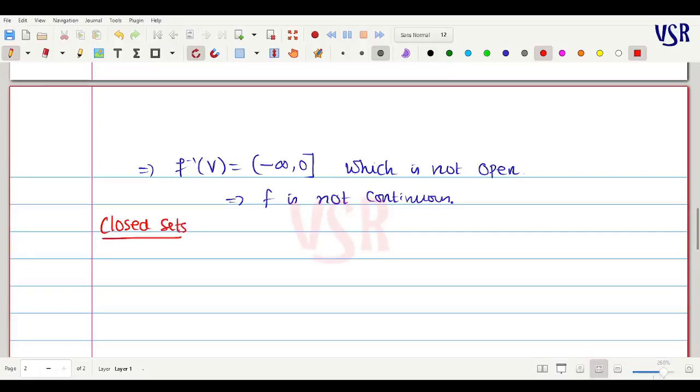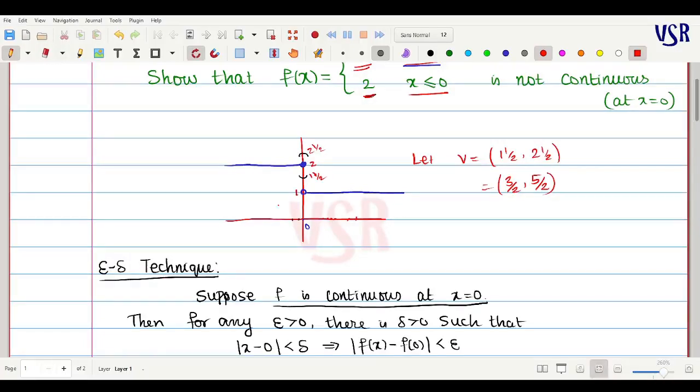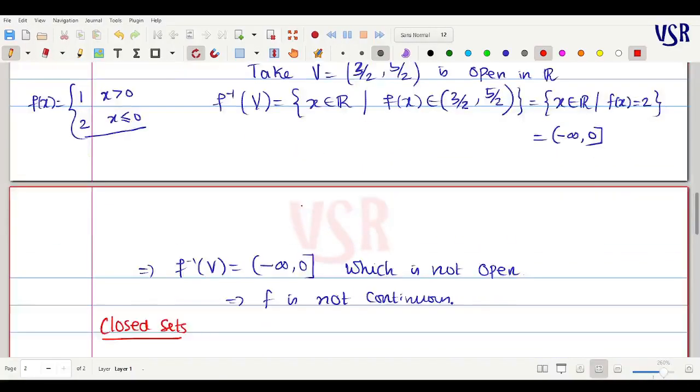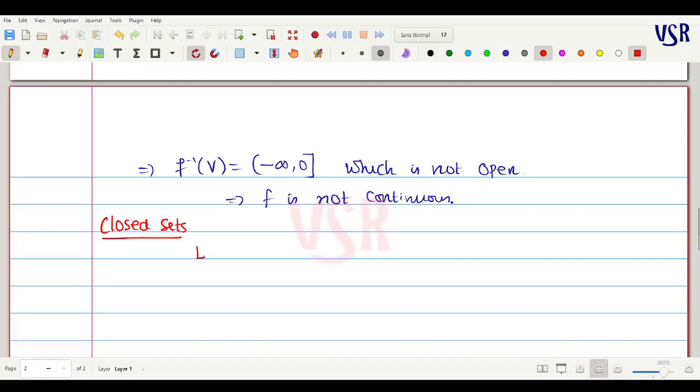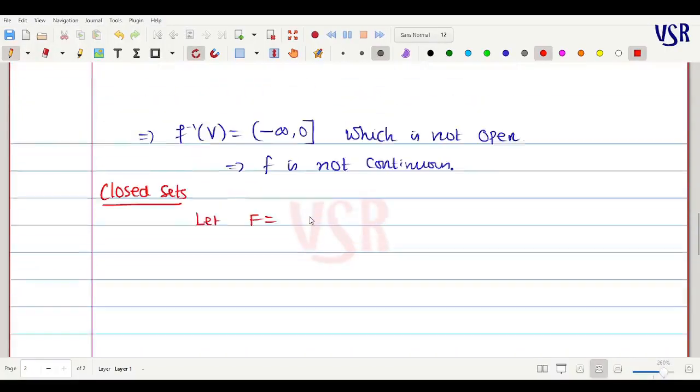So we take a closed set here. Let F equal to the closed interval [1/2, 3/2], that is 0.5 to 1.5. Between these, only 1 will be there. So let F equal to [1/2, 3/2], which is closed in R.